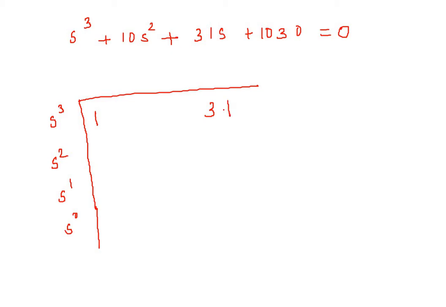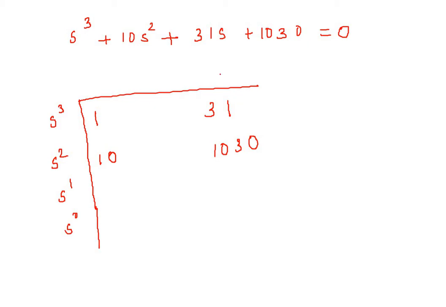Corresponding to S square, the coefficient is 10, so we write 10 here. Then again take the alternate element starting from 10S square, which is 1030, so we write 1030 as the next element in the second row.